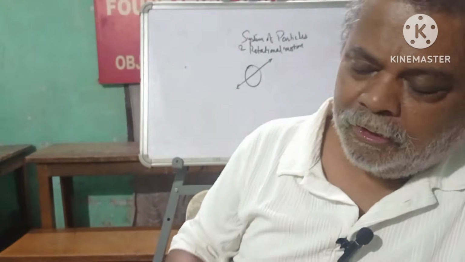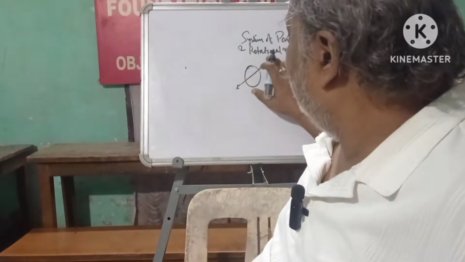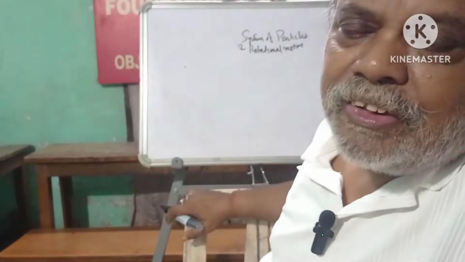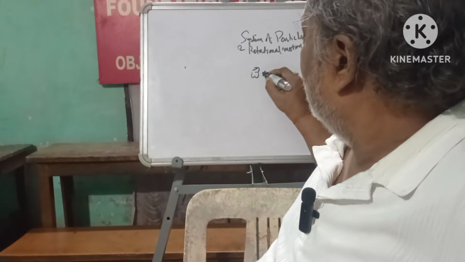Now, because angular velocity is a vector, consider omega cross r.